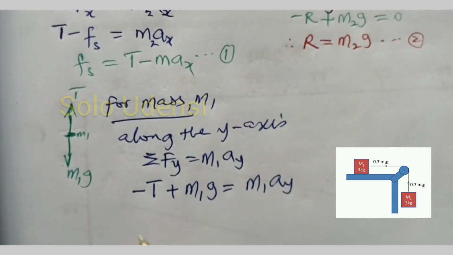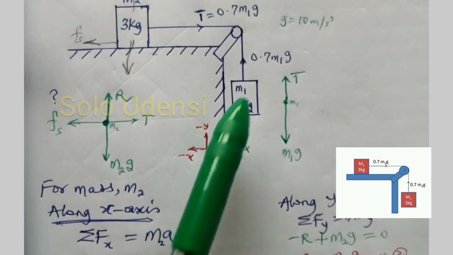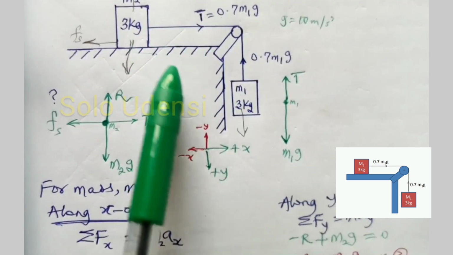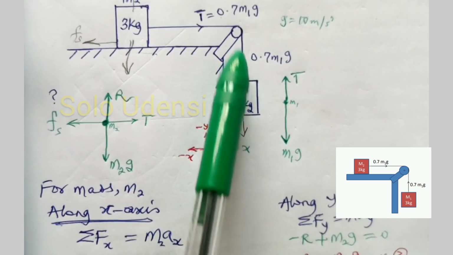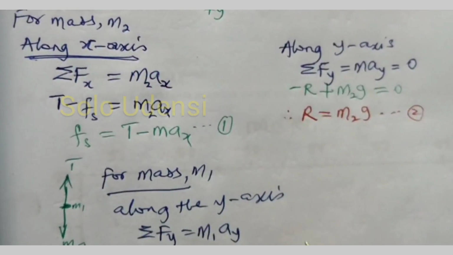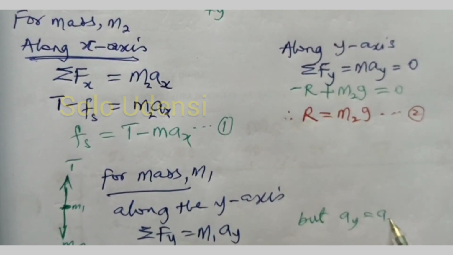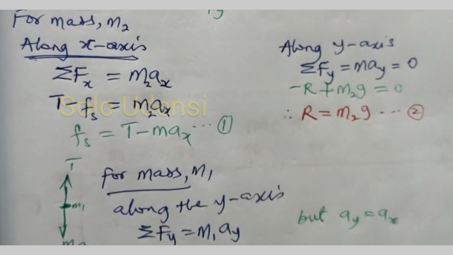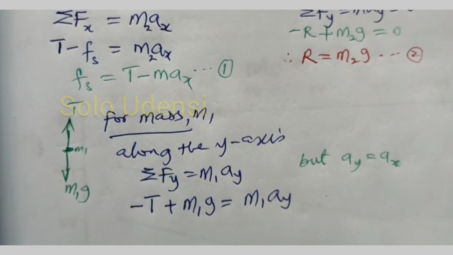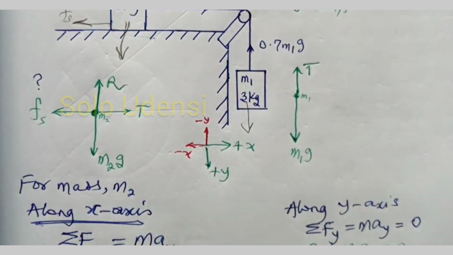But we find out that this rope is just a single rope connected. If this one moves fast, this one will move fast. If it moves slow, this one will move slow, because the rope is inextensible. It is connecting the same. That means ay is equal to ax. If mass 1 accelerates faster, then mass 2 will accelerate faster. If it goes slow, then this one will go slow too.